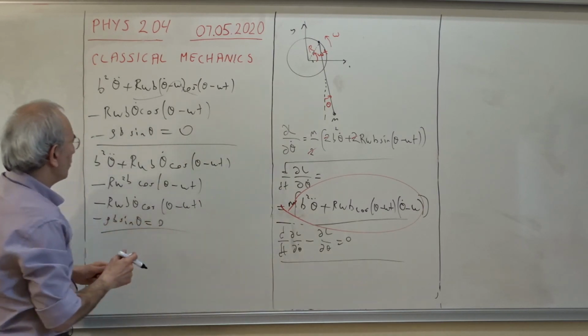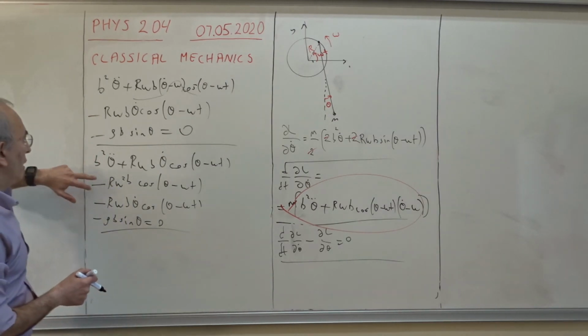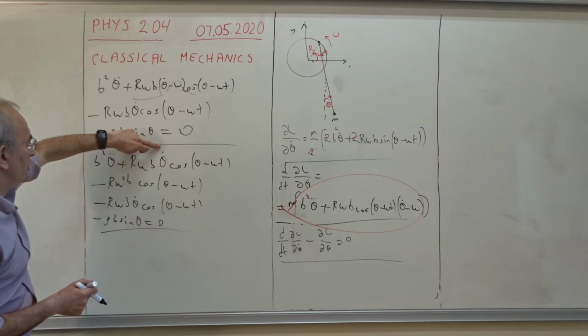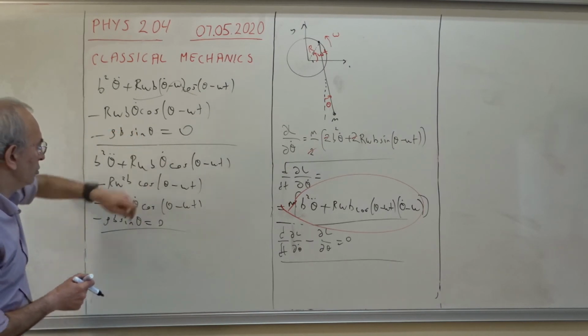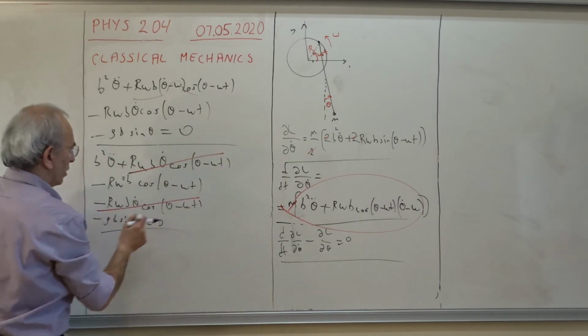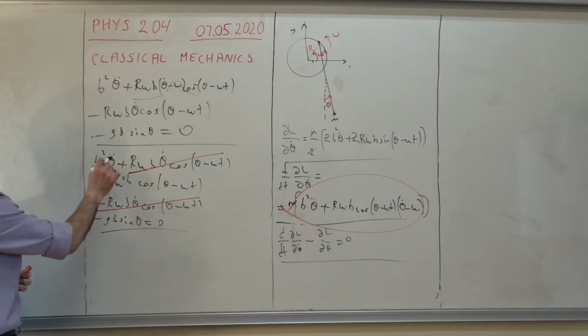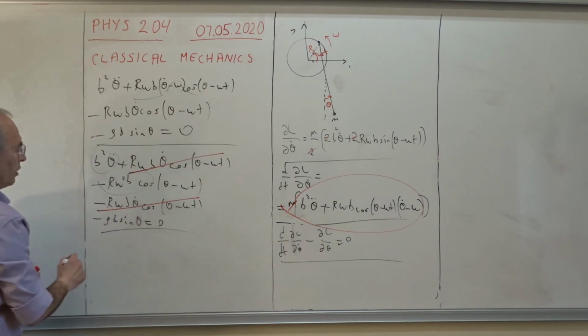But as we look at it, we immediately recognize that there's a cancellation. r omega b theta dot cosine, r omega b theta dot cosine. So this term cancels totally this one. Identically, they cancel out. So we have the remaining blocks, this one, that one, the third one.